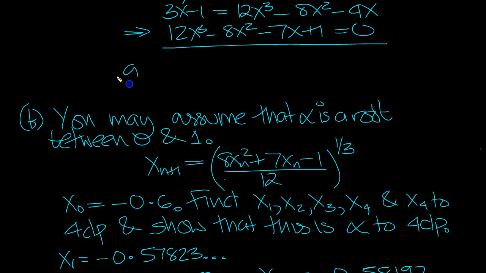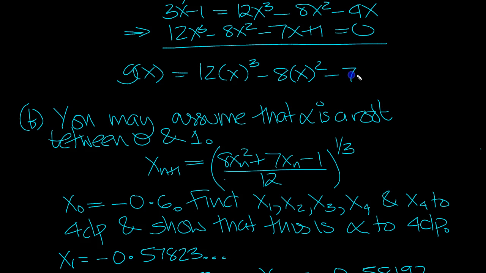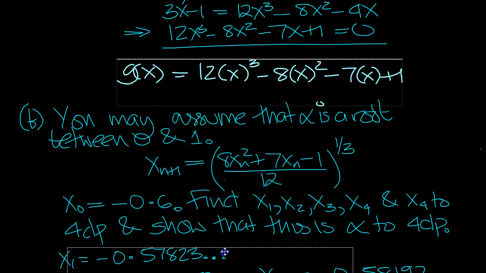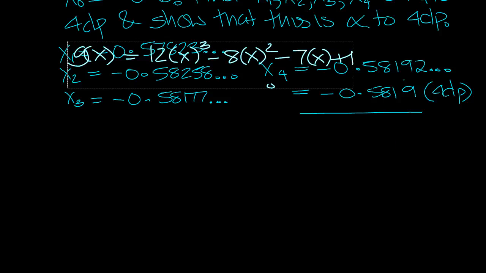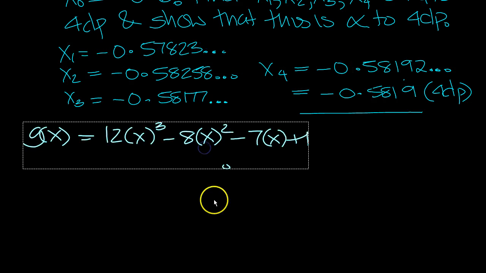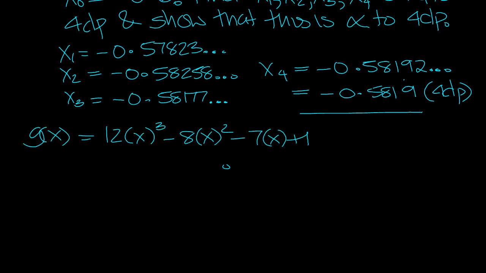So let g of x then equal 12x cubed minus 8x squared minus 7x plus 1. Let's just bring this down here. So we want to show this has a root. So I'll plonk it down here. And we need to work out the root that passes through this value. So we'll need g of minus 0.58185, won't we?